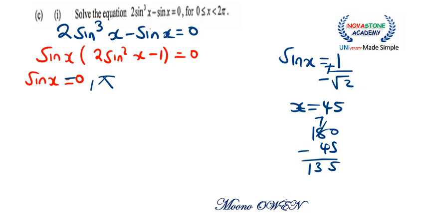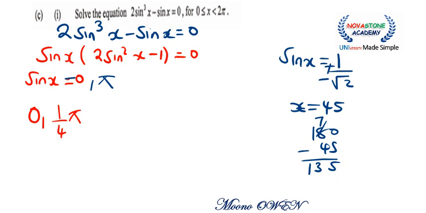So we've got 0, we've got pi, we've got 45. 45 is the same as 1 over 4 pi.